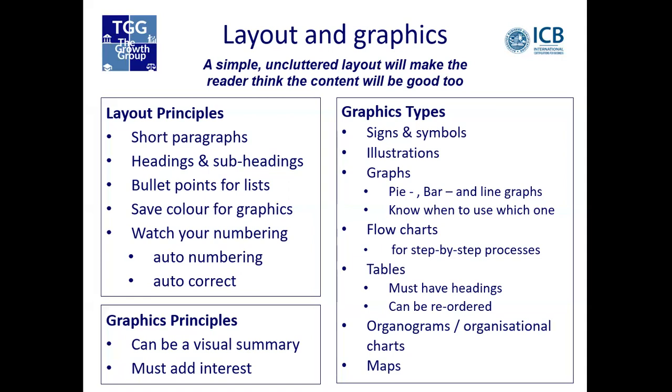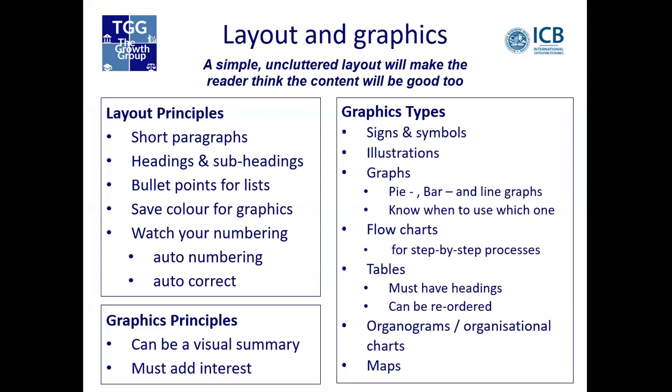Flow charts are for step-by-step processes, and that is where you will sometimes use arrows and other signs and symbols. There is normally a specific way that is required, so make sure you use the right way for the right flow chart.